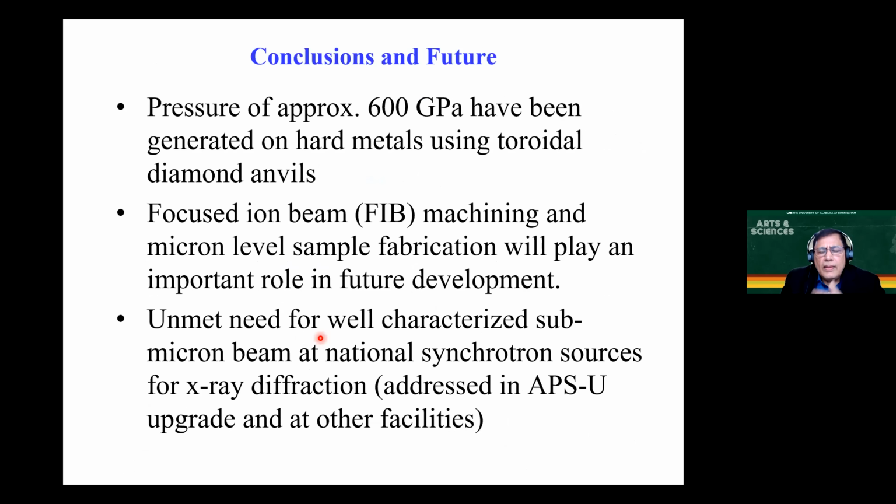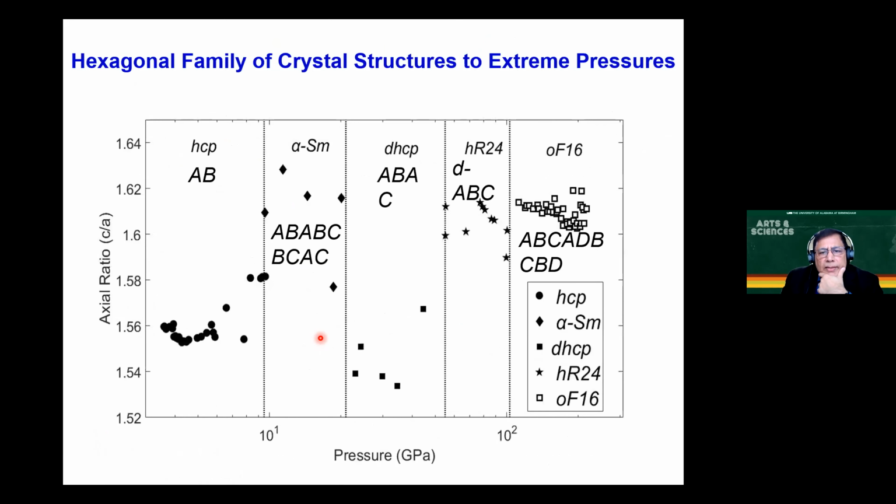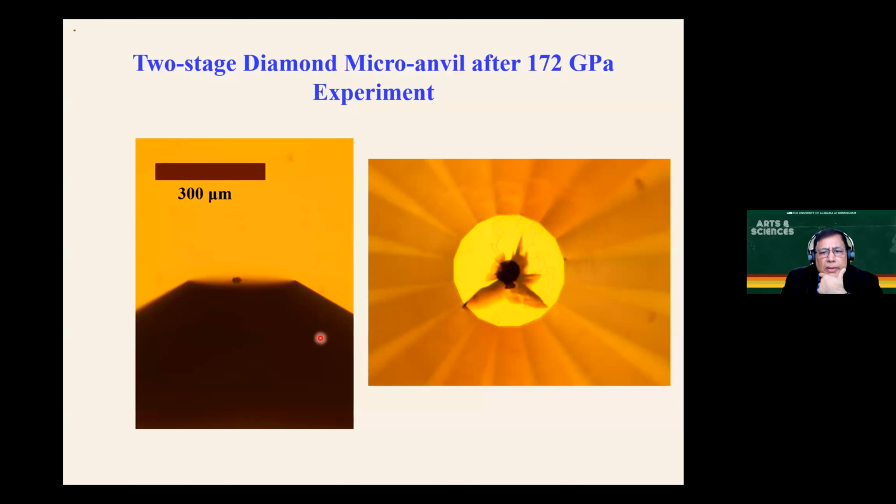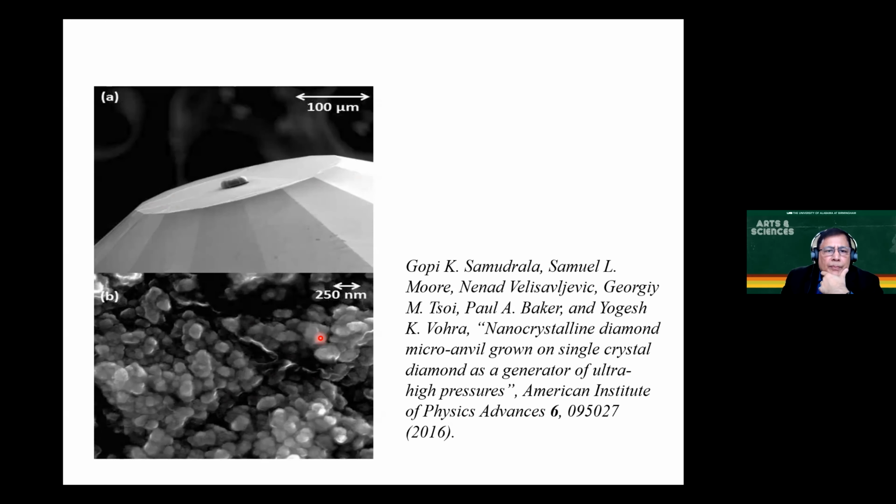Yeah, I think you can polish it, but the whole point of going to 4 to 6 nanometer grain size is that you can reduce the RMS roughness. For this film, the RMS roughness is about 60 to 70 nanometers. But if you reduce the grain size to 4 to 6 nanometer, then the RMS roughness also goes down. So you can use it as is.